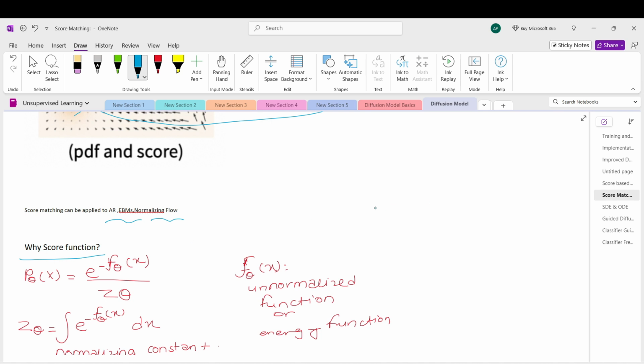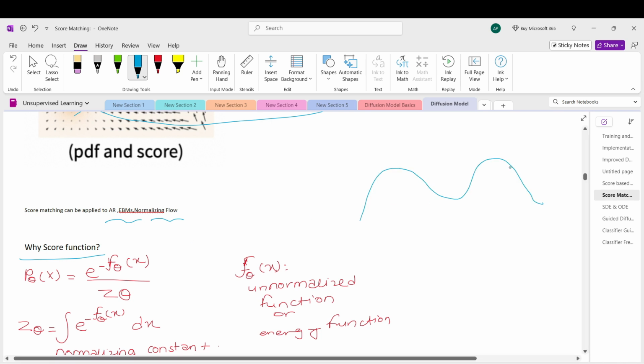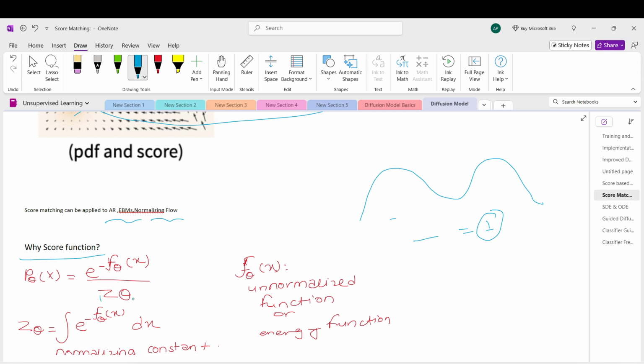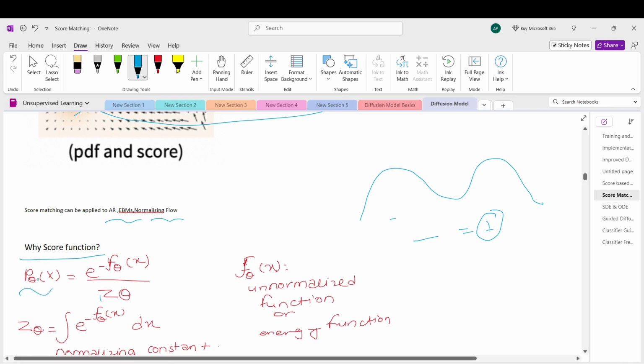If you take the area under the curve of a probability distribution, we have to make it equal to 1, so we divide by this normalizing constant, and it requires integration in higher dimensional spaces. If we make the area under the curve 1, we can accurately estimate p theta of x.